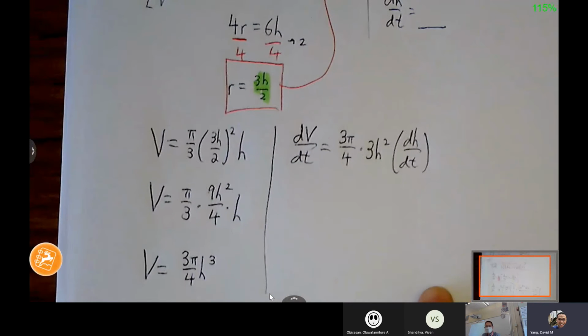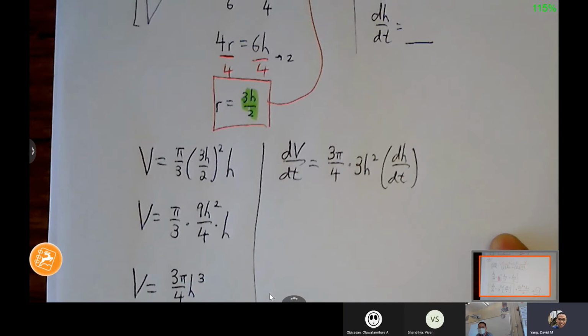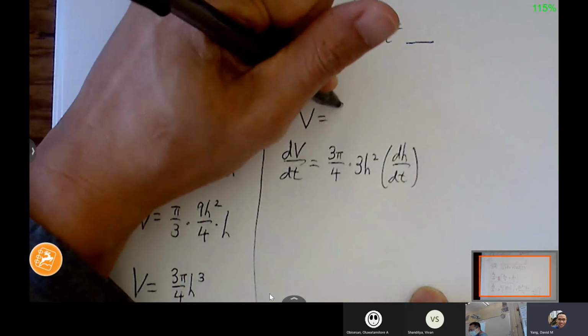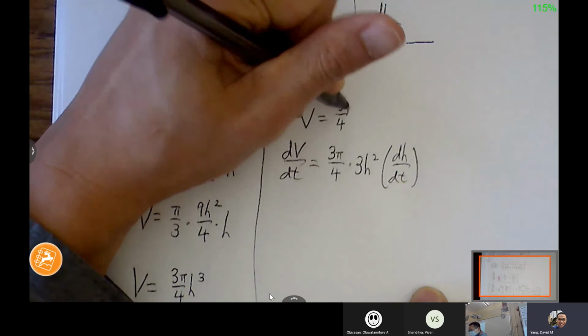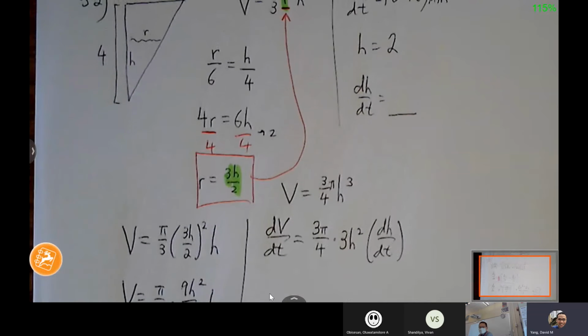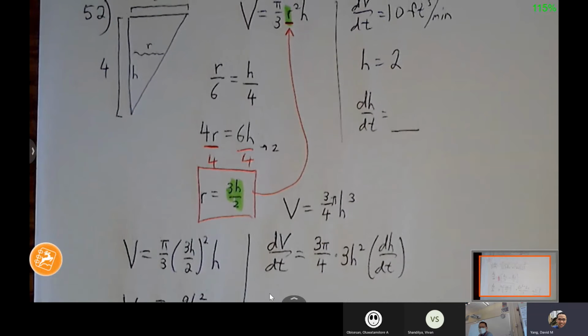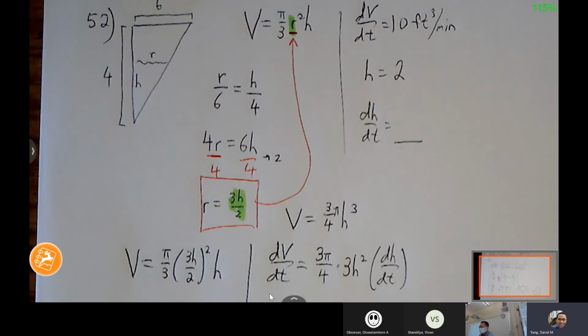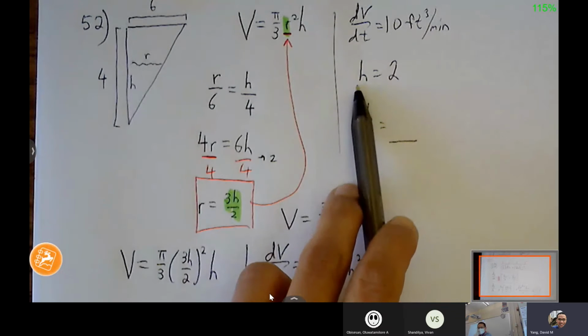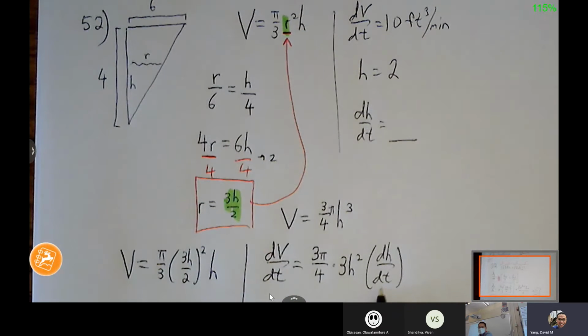All right, any questions so far about the process and the steps that I'm taking here? So from here, we're able to make it down to here. Okay, replace dV/dt with 10, replace h with 2, and then we can work our way down to dh/dt.